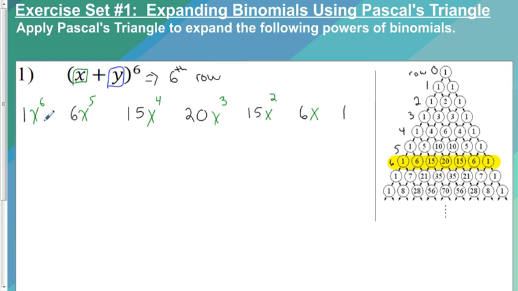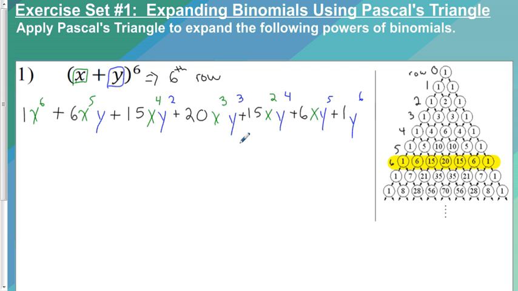Well, no y goes here, a y to the 1st goes here, a y squared goes here, and I increase. So 0, 1, 2, so this becomes y cubed, y to the 4th, y to the 5th, and y to the 6th. And since it's a plus sign, all of these are going to be plus signs. And there's your binomial expansion for it.